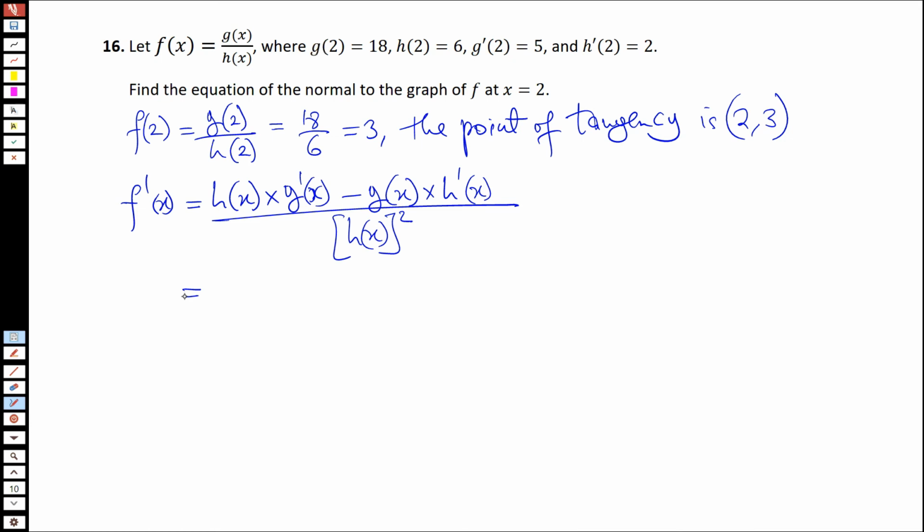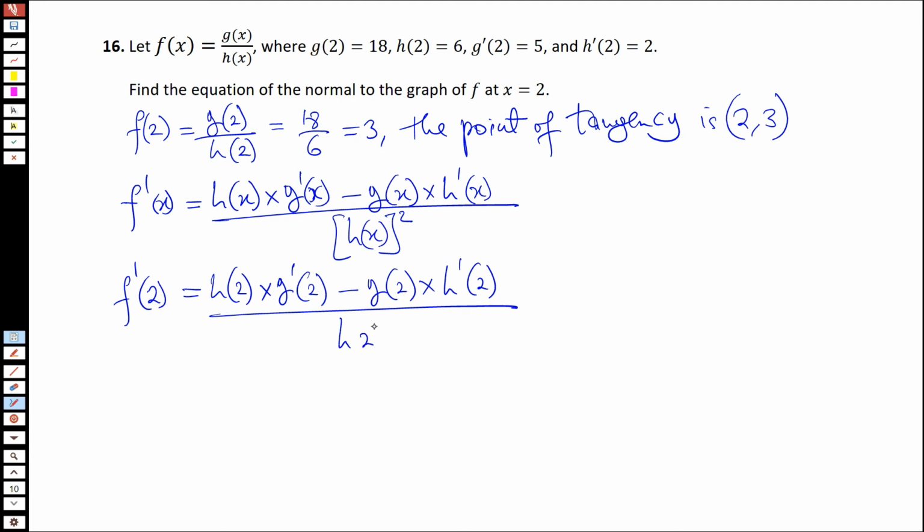Which means the gradient of f at 2, the point of tangency, will be equal to h of 2 multiplied by the gradient of g at 2 minus g of 2 multiplied by the gradient of h at 2, over h of 2 squared.